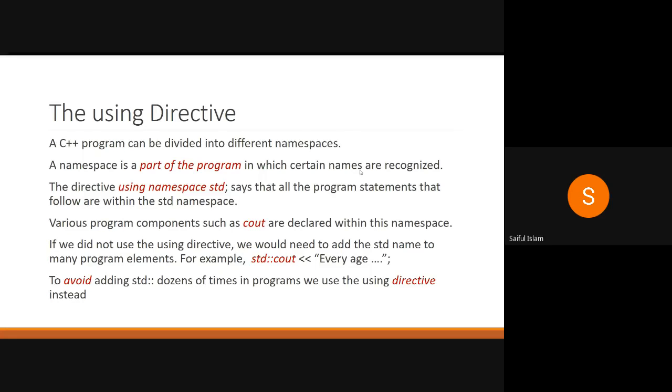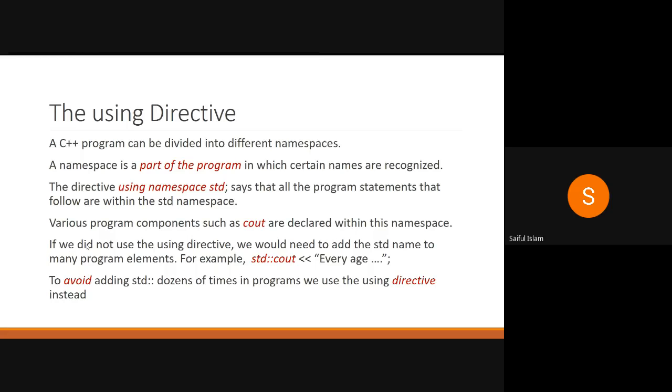So in this case, the directive using namespace std is used, which says that all program statements that follow are within the standard namespace. So there is no need to prefix std to the name of an object or function defined in this particular namespace. Various program components such as cout are declared within this namespace.